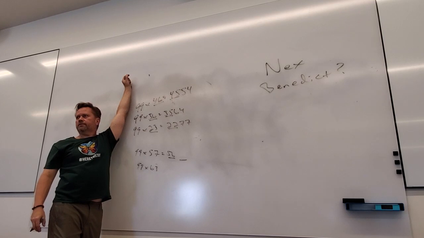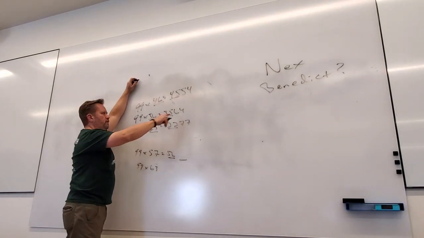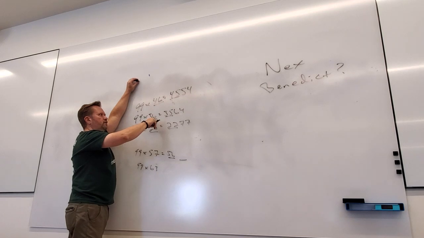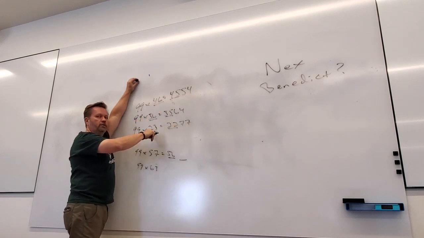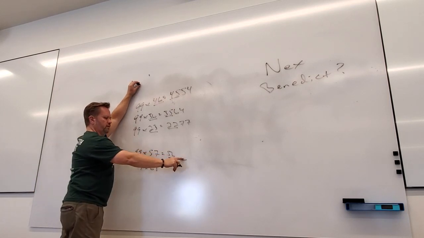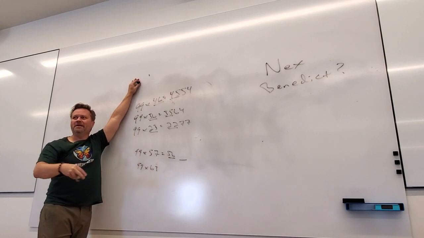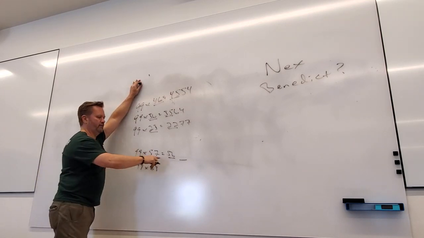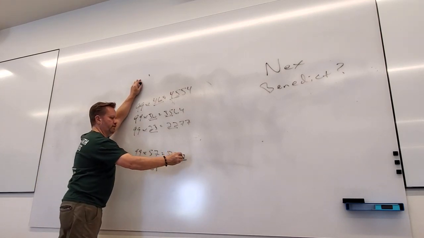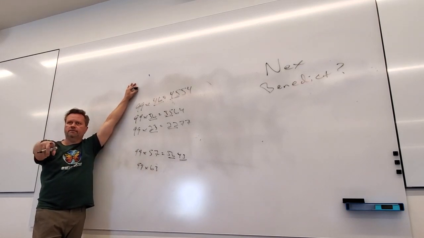Compatible numbers. 100, that's right. 64 plus 36? 100. 77 plus 23? 100. So what makes 100? 57 plus 43. Did anybody do 99 times 57? It's the 43.